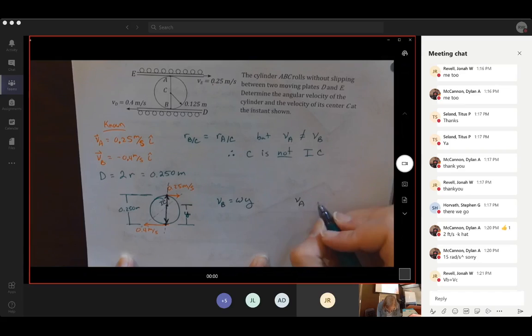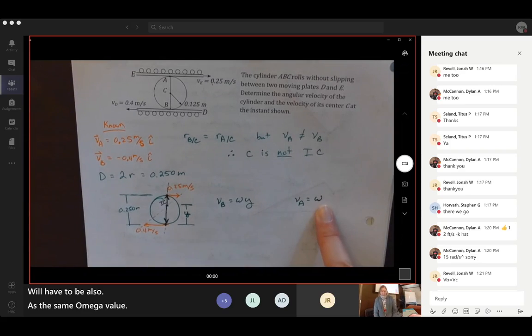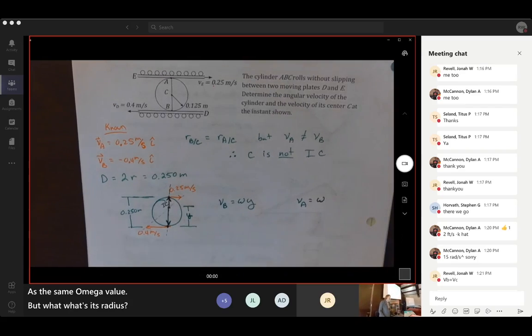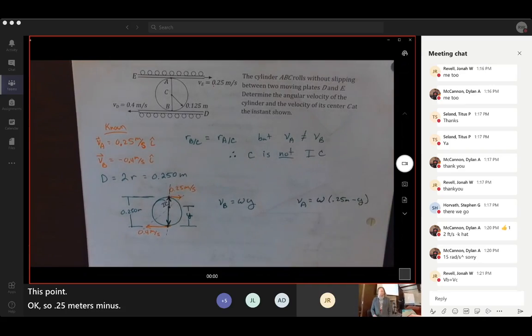VA also has the same omega value, but what's its radius? 0.25 meters minus y. Okay, so we have two equations.